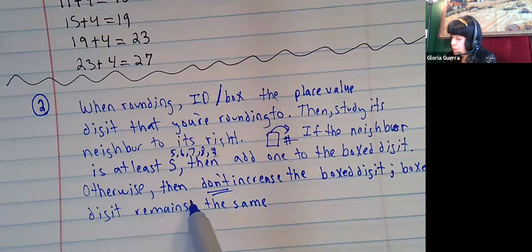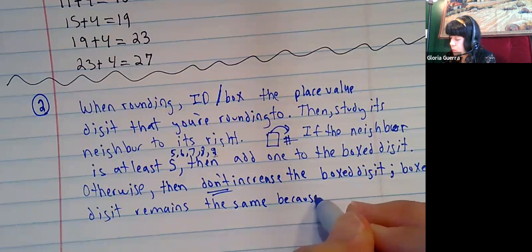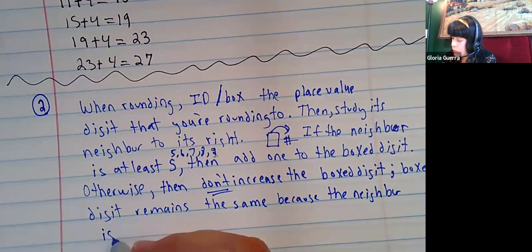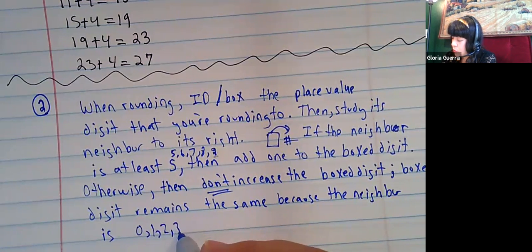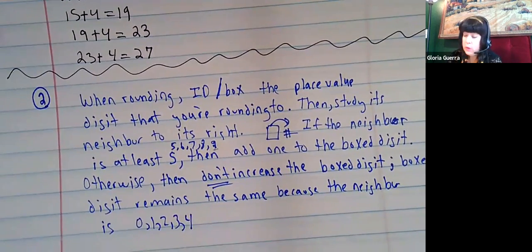Otherwise, don't increase the box digit. The box digit remains the same. And again, it's because the neighbor is either a 0, a 1, a 2, a 3, or a 4, so that it's small, right?